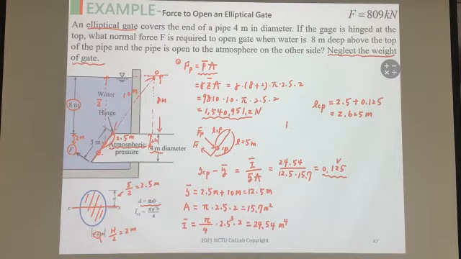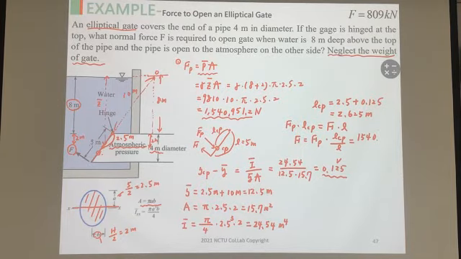So FP multiplied by LCP should be equal to the normal force, which we don't know right now, multiplied by L. So the normal force F is equal to FP multiplied by LCP divided by L. The answer shown here is 1540.